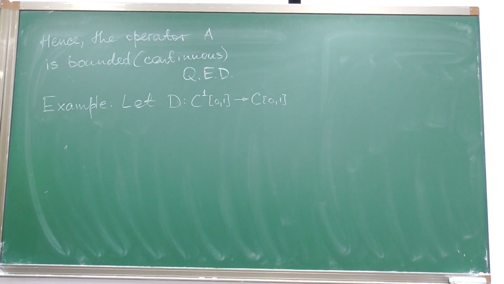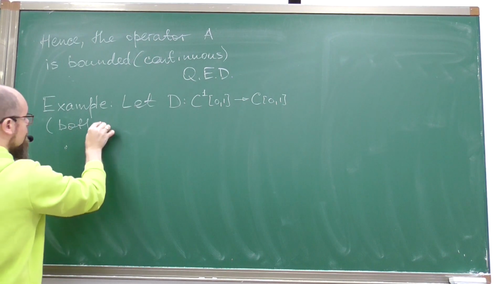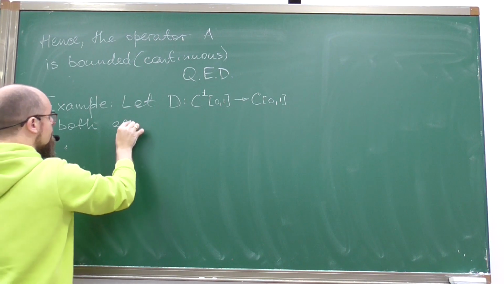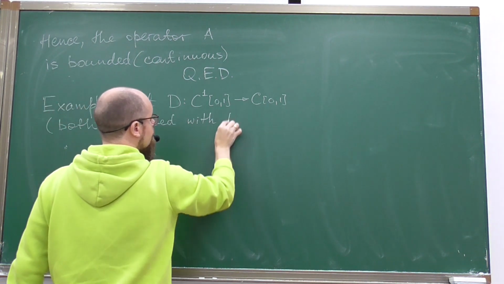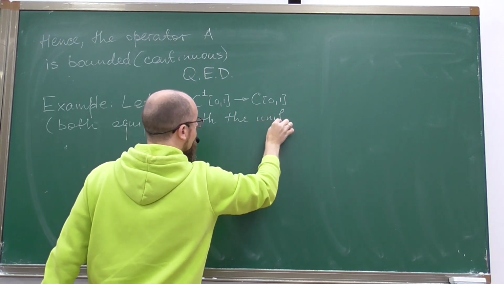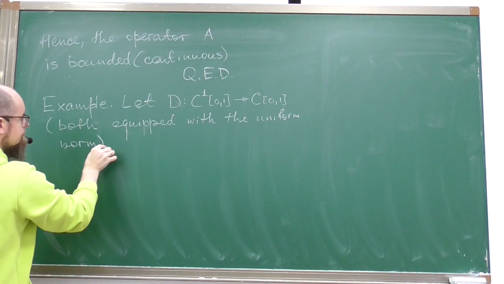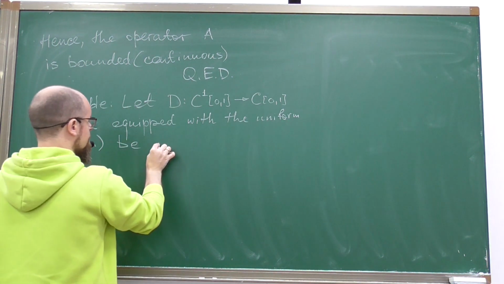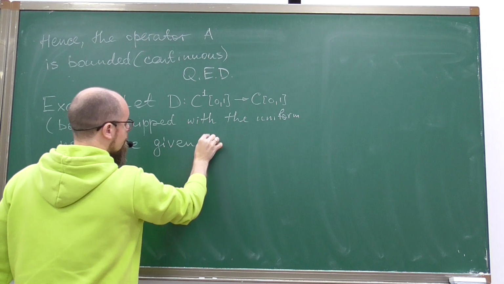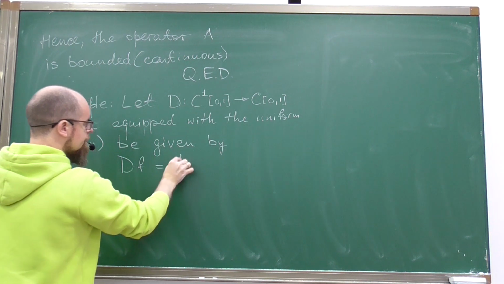Both of these spaces are equipped with the uniform norm. And D is nothing but the differentiation operator. It takes a function f and returns its derivative.